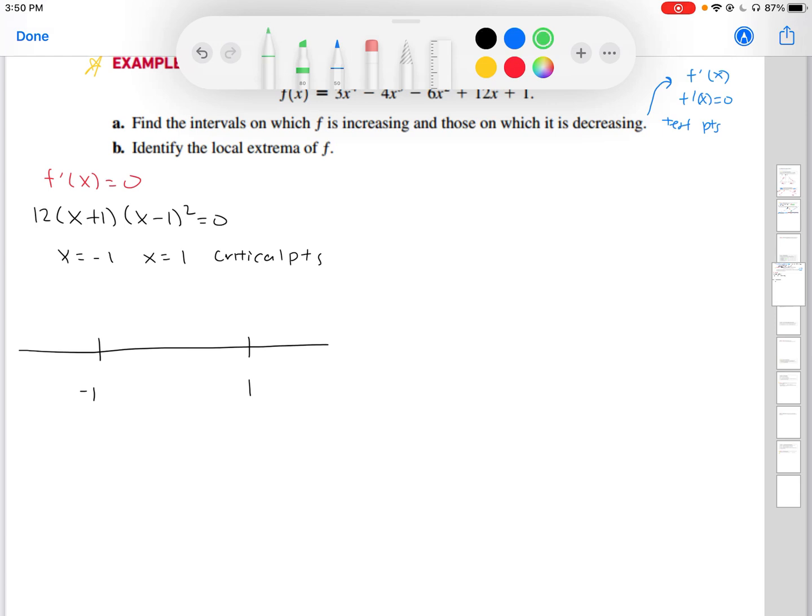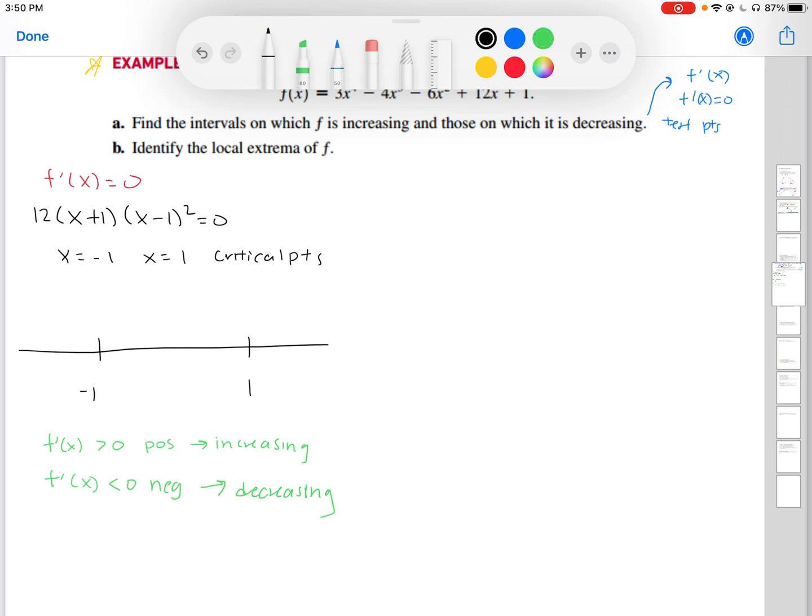to see if it is an increasing or decreasing part of our function. So remember our formula, if our derivative is greater than 0, which means positive, then we have an increasing part of our function. And if our derivative is negative, less than 0, then we know our function is decreasing. That's based on our theorem.